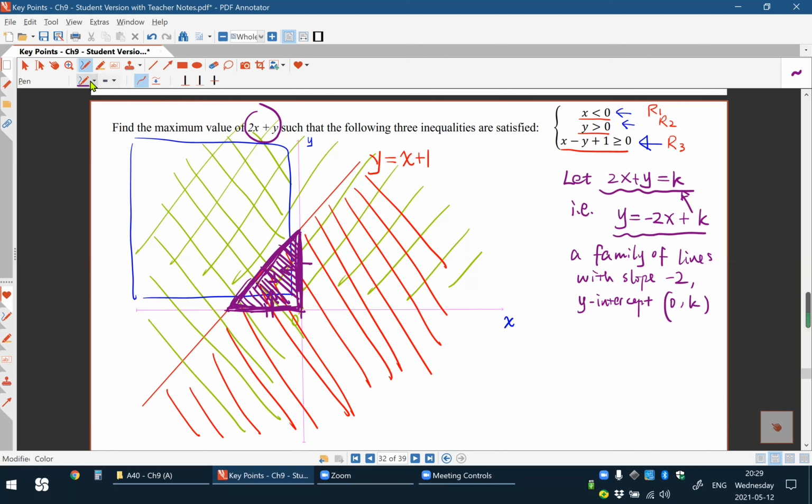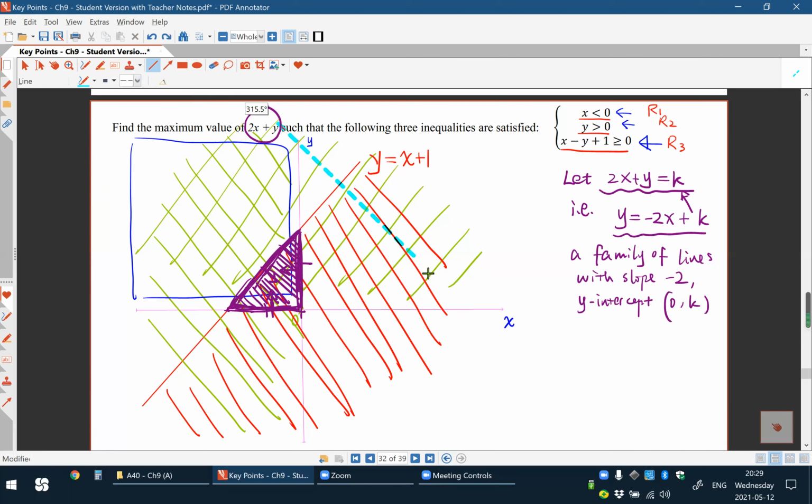That means if we draw this on the graph, let's use another color. If we draw this on the graph, it should look like this. Okay, this is a possible, oh, sorry. Need to use a straight line. Let's use a dotted line here. Okay, because it has a negative slope, it has a direction like this, right?